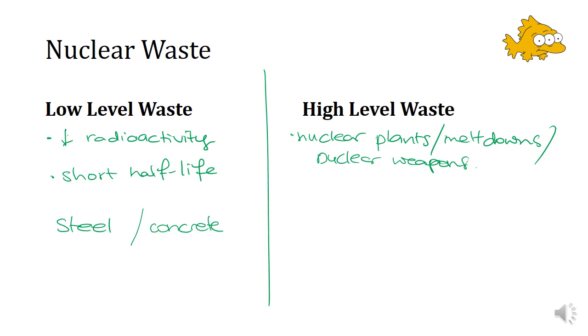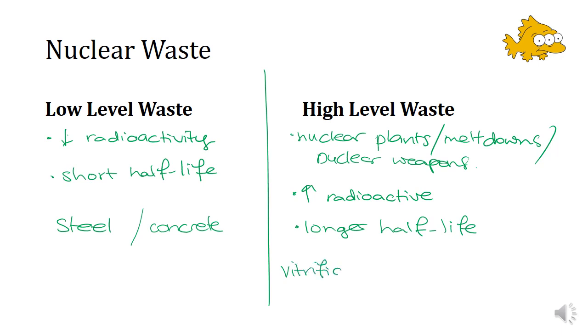As you can tell from the names low versus high, it tends to be more radioactive in terms of the danger of the radiation it's releasing. It tends to have a longer half-life. And in terms of disposal, we do something called vitrification. So turn it to glass. That's what vitrification literally means.